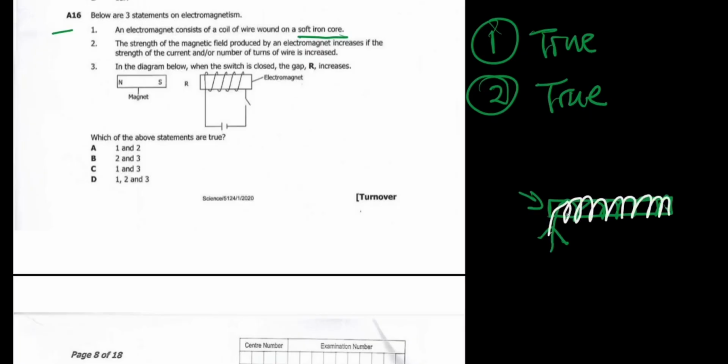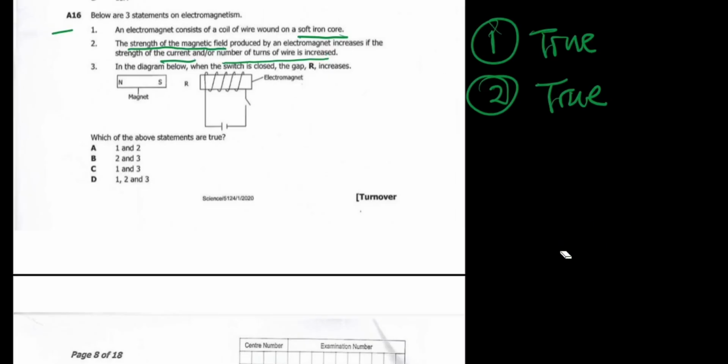The same is true if you increase the number of turns, the number of coils, then you've increased the magnetic field. So this statement is true because it is talking about the strength of magnetic fields. This strength is going to be increased when you either increase the current or you increase the number of turns of the wire. So that statement is actually true.